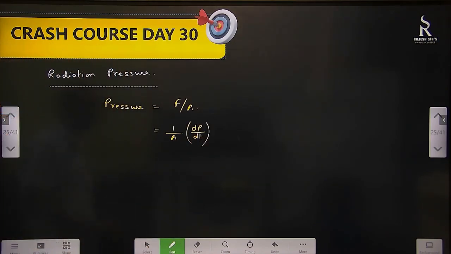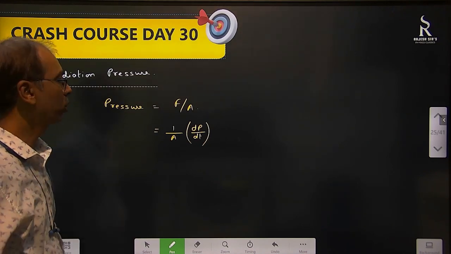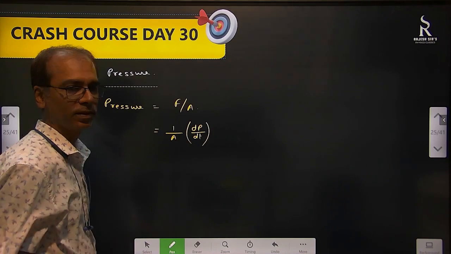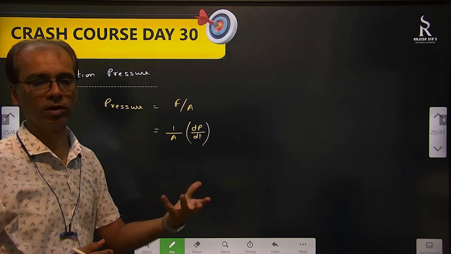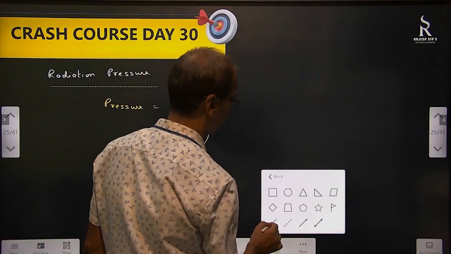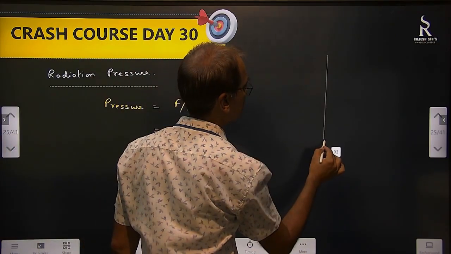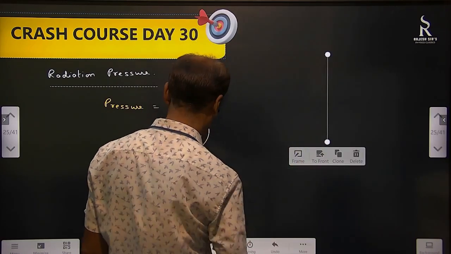Now there are two types of surfaces normally we'll have. One is purely absorbing surface, and the other one will be purely reflective surface. Say purely reflective surface we have.